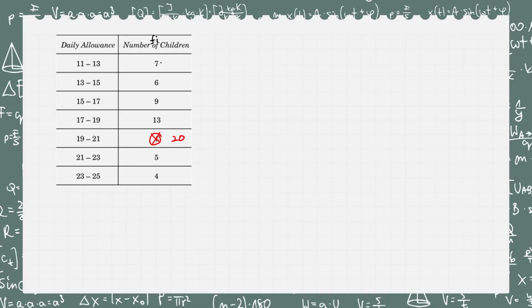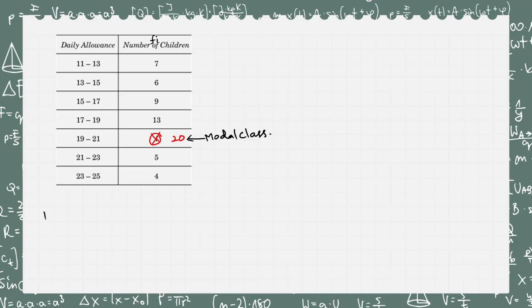So comparing the frequencies 7, 6, 9, 13, 25 and 4, obviously 20 is the highest frequency. So this will be our modal class, right? That will be our modal class.